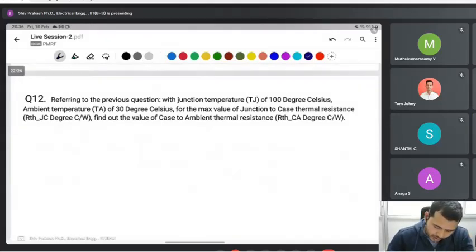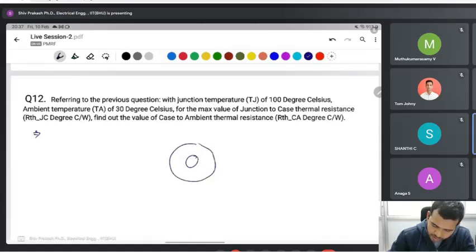Next question is given, referring to the previous questions, with the junction temperature given as 100 degrees centigrade and ambient temperature 30 degrees centigrade. For the maximum value of junction to case thermal resistance, find out the value of case to ambient thermal resistance. Same thing is given like that.